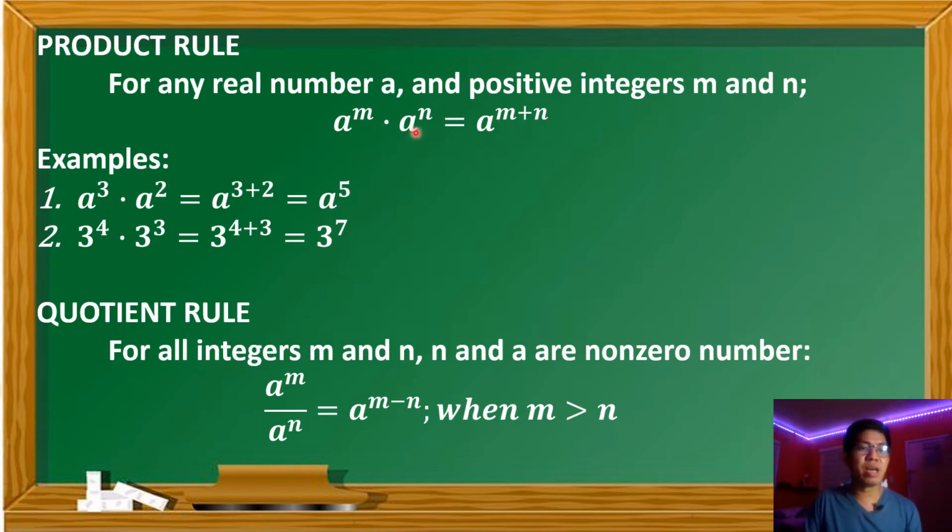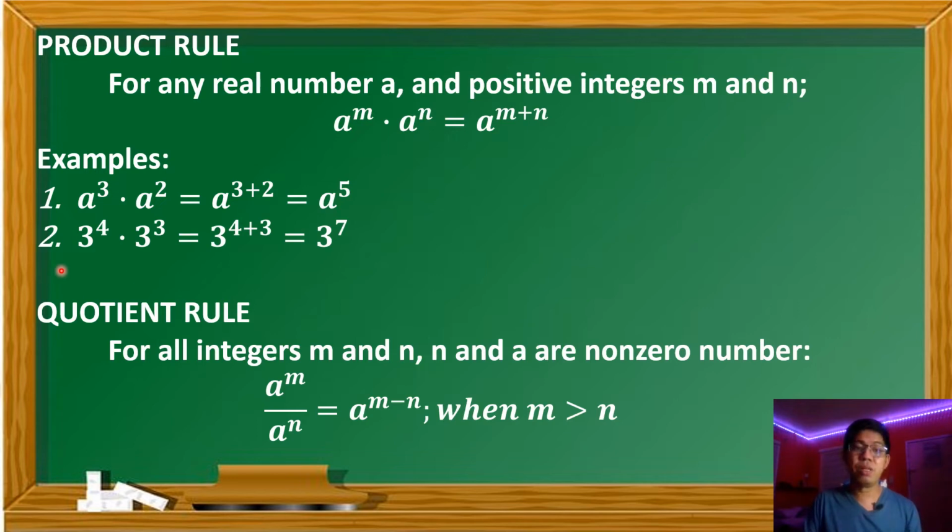Examples. Number 1, a cubed multiplied by a squared is equivalent to a raised to 3 plus 2, which is a raised to 5. We just added the exponents.